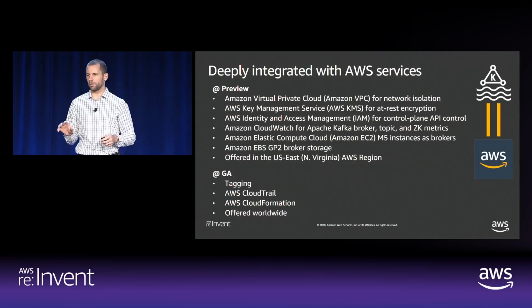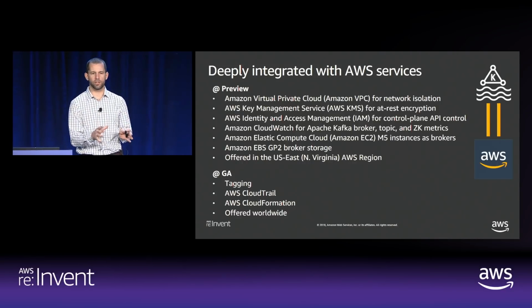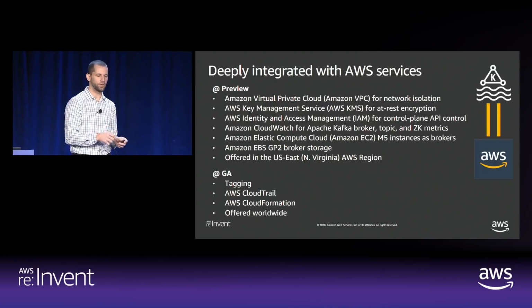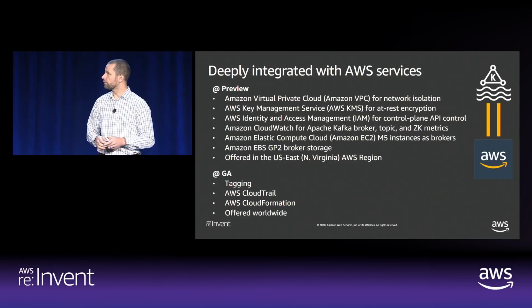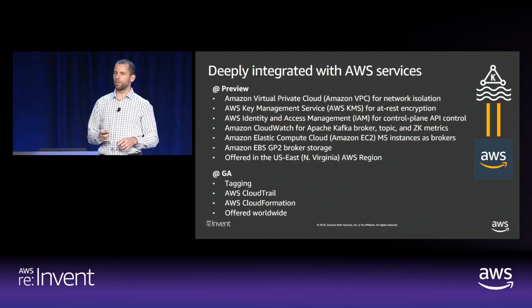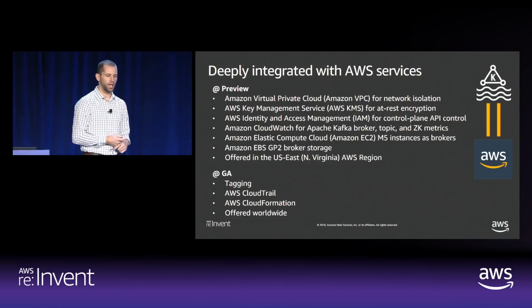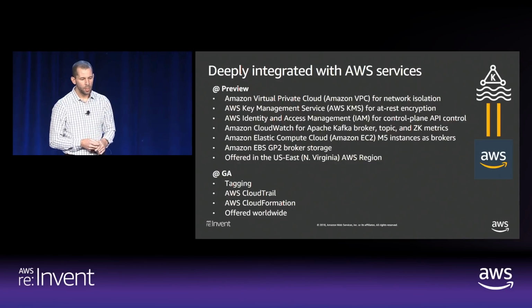Your clients must be in your VPC or connected to your VPC. You can use VPC peering to, for example, have a client in a different account interact with the cluster. The private connectivity was a big ask from our customers, and we're providing it by default for all clusters.